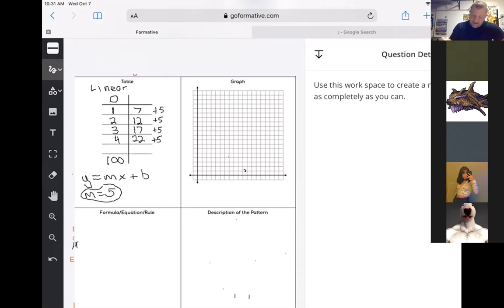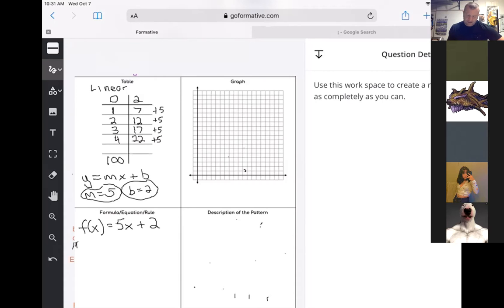If I go back to size 0, which doesn't really make sense in the context of the problem, but that's okay. What would be across from 0? It would be 2. So b is 2. So my explicit formula is f of x equals 5x plus 2.